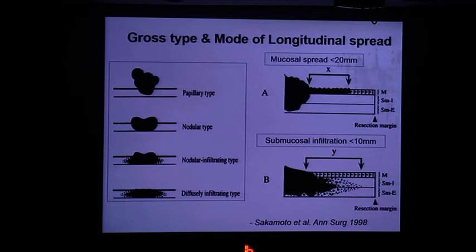It is very genius work from Professor Sakamoto that usually mucosal spread goes up to 20 millimeters, usually in papillary type. And some mucosal infiltration, usually nodular or infiltrative type, goes up to 10 millimeters. So you think about it when you decide the resection margin. Cancer cells can go farther than we think.